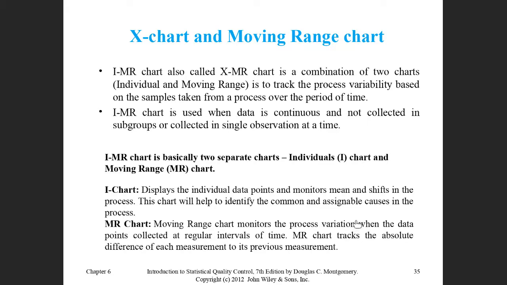We have the XMR or the IMR control chart, which consists of two control charts, one for monitoring or triggering the process mean shift, which is the individual chart, and the moving range is the one that monitors the process variation. It measures the variation between each measurement and the previous one.